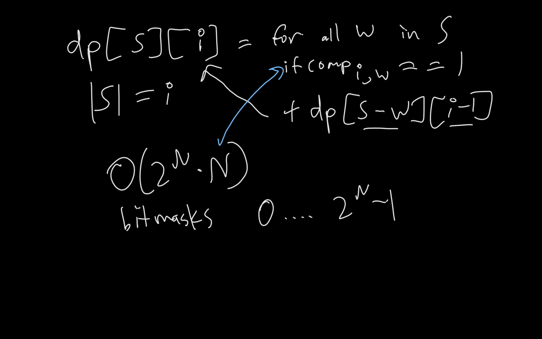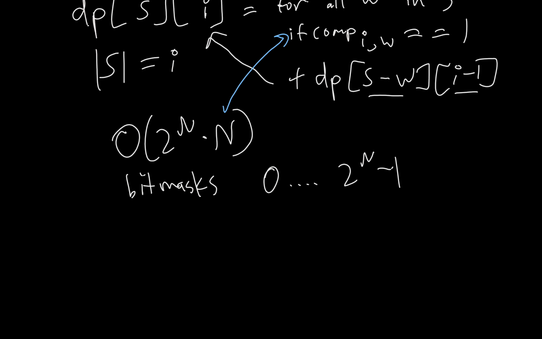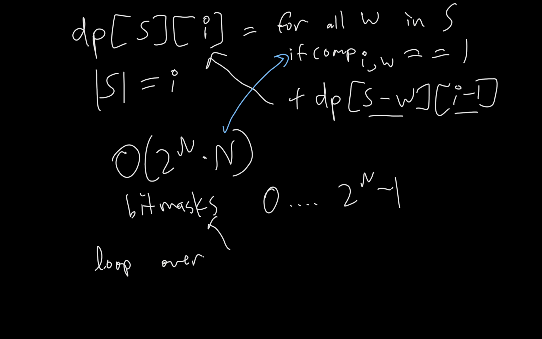And the simplest way, essentially, is to loop over all these bit masks, right? And instead of finding which is the last woman which is paired with man i, as we're doing here, where we're removing it, we would do the opposite.